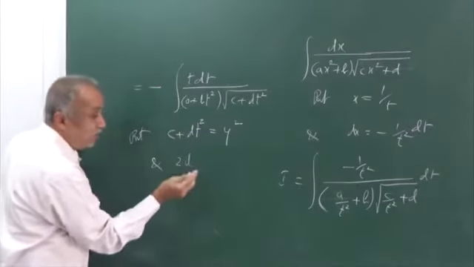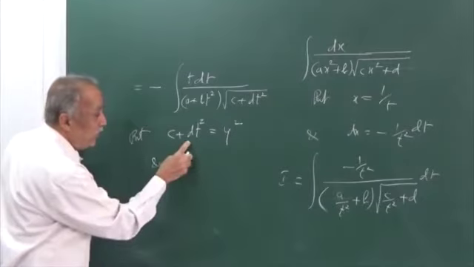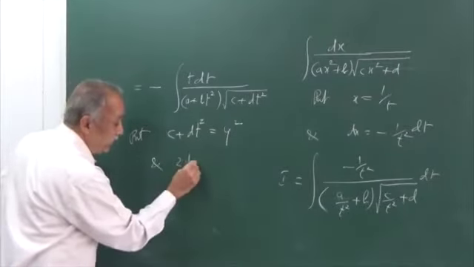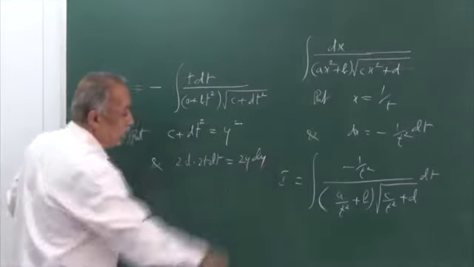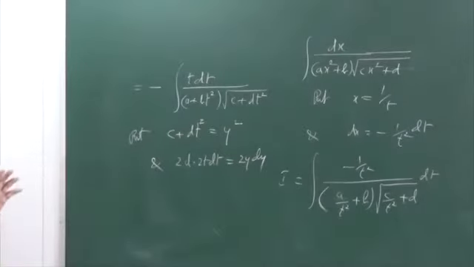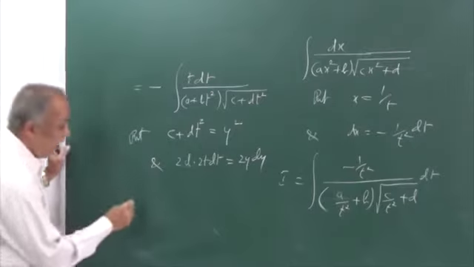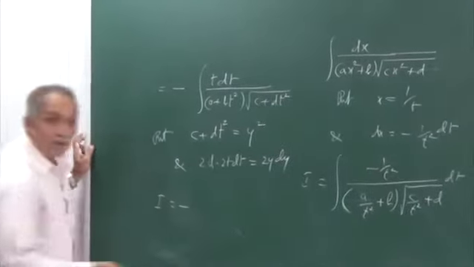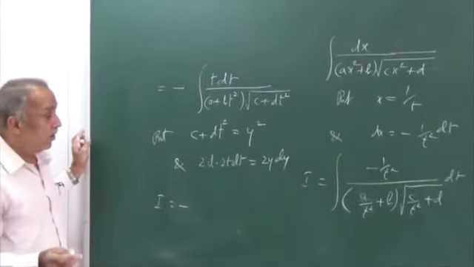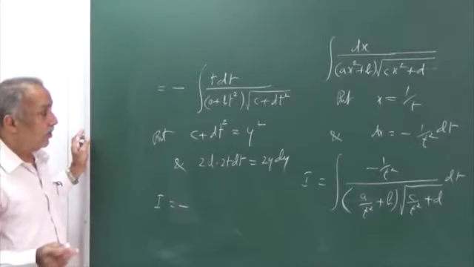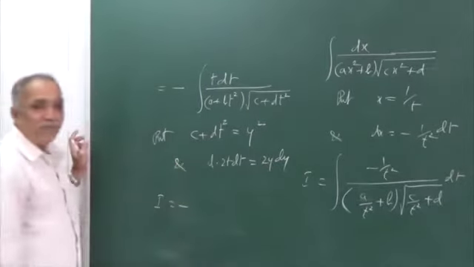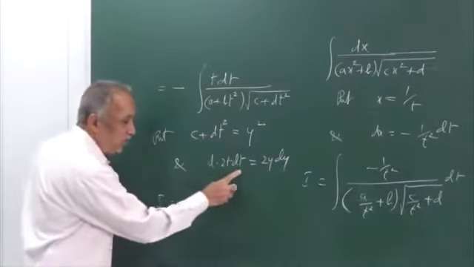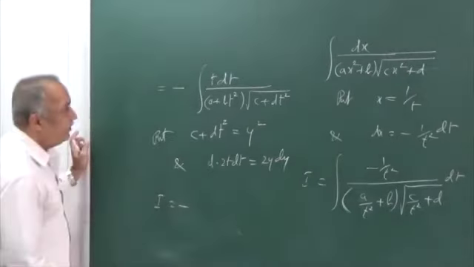So result for differential will be d into 2t dt equal to 2y dy.